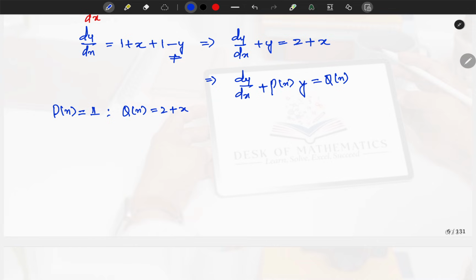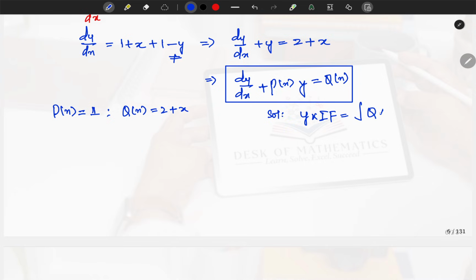How do you solve the Leibniz linear differential equation? y into integrating factor is the solution, which is equal to the integral of q into integrating factor dx plus c. The integrating factor is e raised to the power integral of p of x dx.